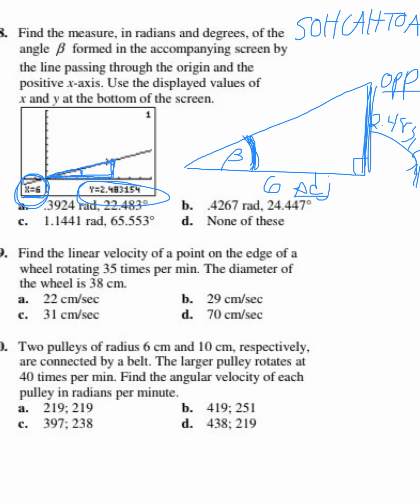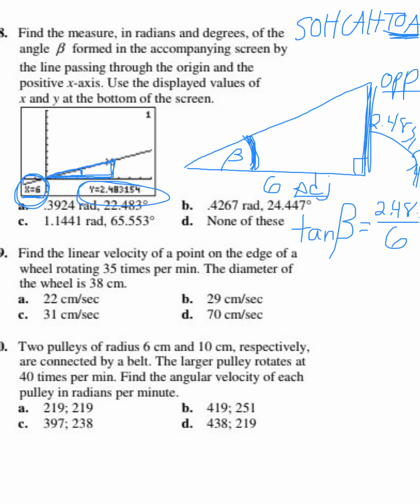Tangent? Yep. Perfect. And that's going to be opposite divided by adjacent. So tangent of my mystery angle is equal to the opposite side, that whole crazy decimal, over the adjacent side, which is just 6.